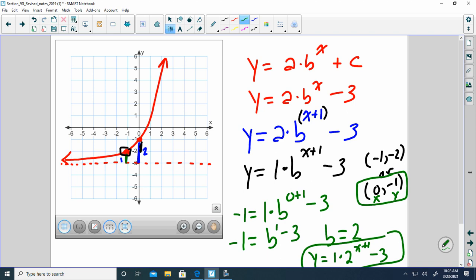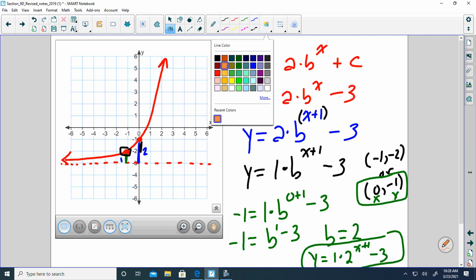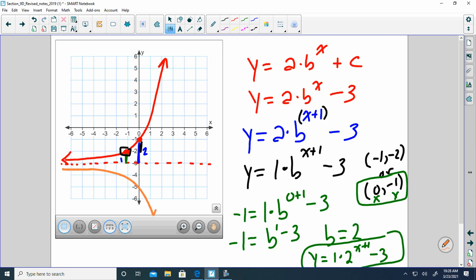Okay? So if this graph was flipped downward, so if this graph looked like this, if that graph did something like that, that's going to give me a negative out front. It's still not the right graph anymore, but that's one thing that you have to kind of look at.